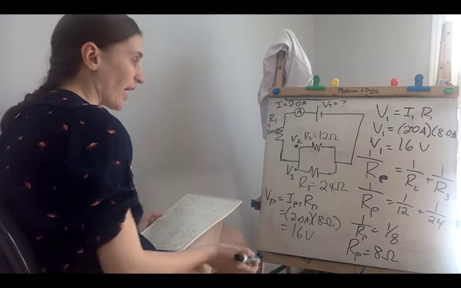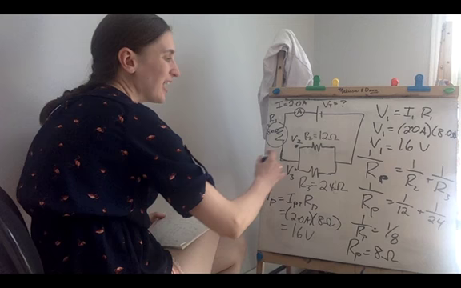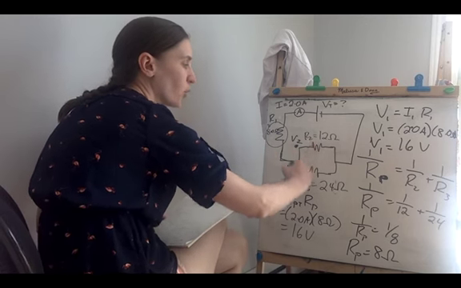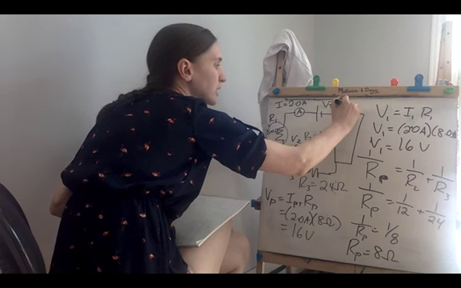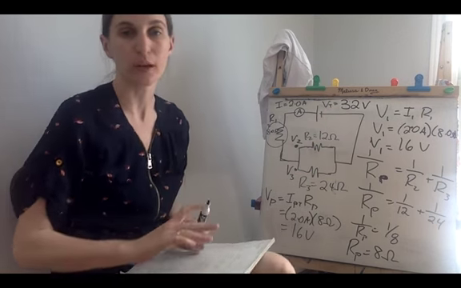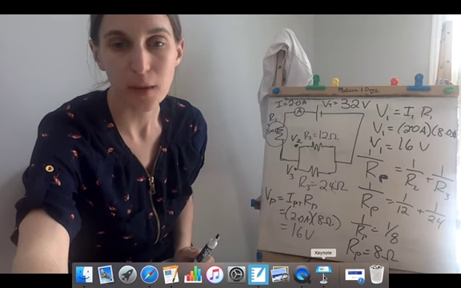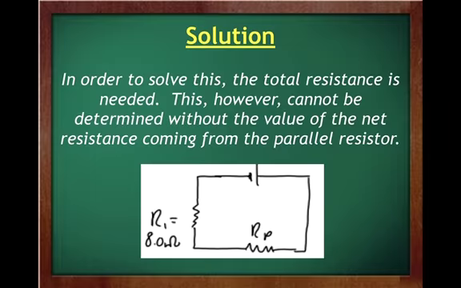Because of that, you get a potential drop of 16 volts here and a potential drop of 16 volts in the parallel section, so our total voltage of the battery is 16 plus 16, which is 32 volts. So that's that one. And there's your solution. In order to solve it, we needed the total resistance. We can't determine it without the net resistance coming from the parallel resistors, so that's why we broke that up.